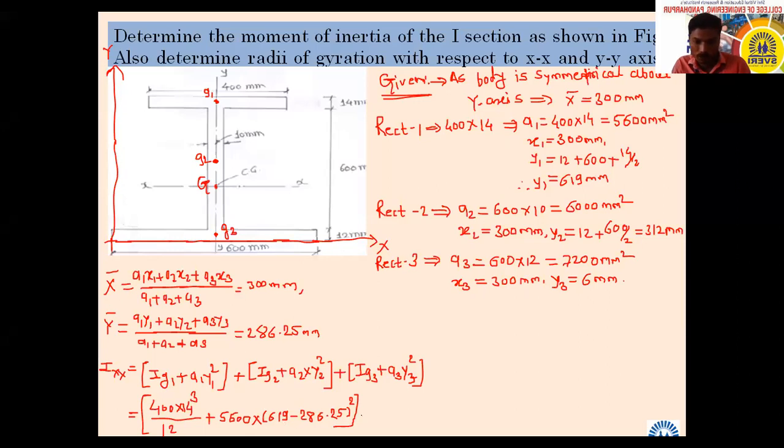Plus many terms are going to come here. Who will tell the next one? Second now. Consider rectangle second. Which dimension is going to cut for rectangle second? 600, so we have to take the cube of that.